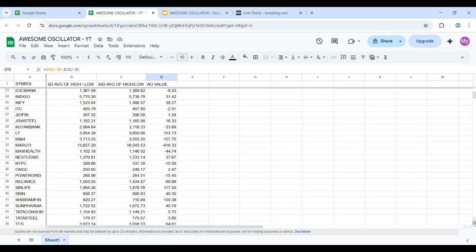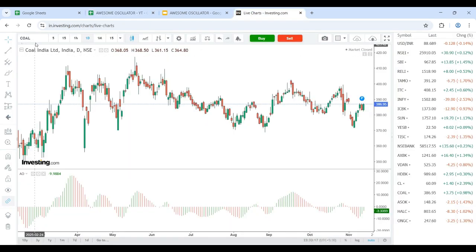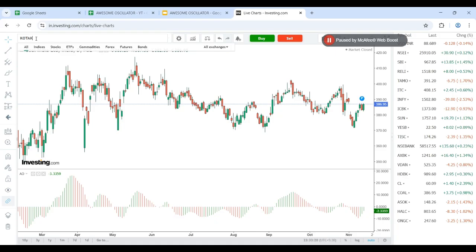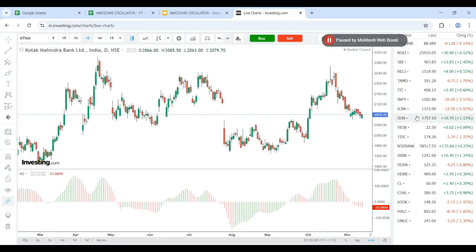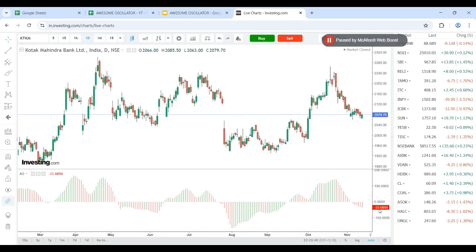We will go down and we'll see Kotak Bank, minus 33.69. We'll see. Here minus 33 point something, minus 33.69, 33 point almost.